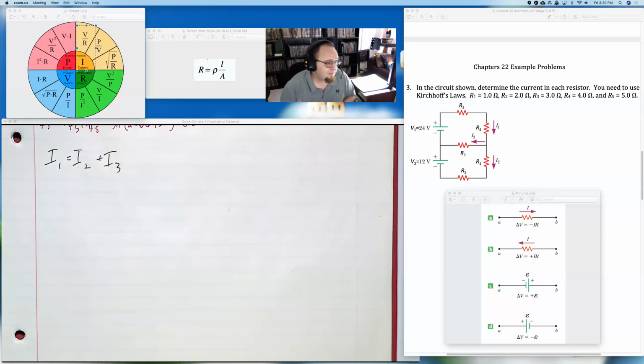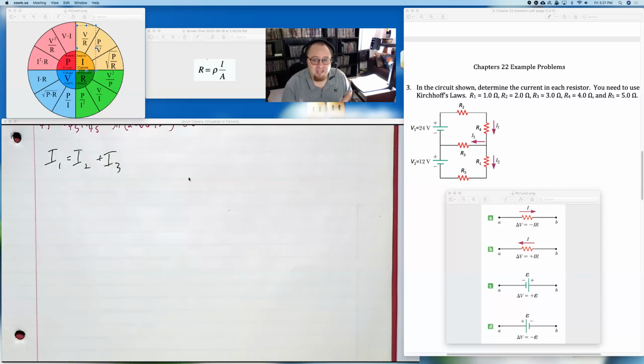After that, it becomes time for loops. Now I have 3 unknowns, I1, I2, and I3. So I'm going to need 3 equations to solve it. However, I only have 1 equation so far, so I only need 2 more. But I have 3 options for loops. Excluding direction, I could do the whole thing, just the bottom, or just the top.